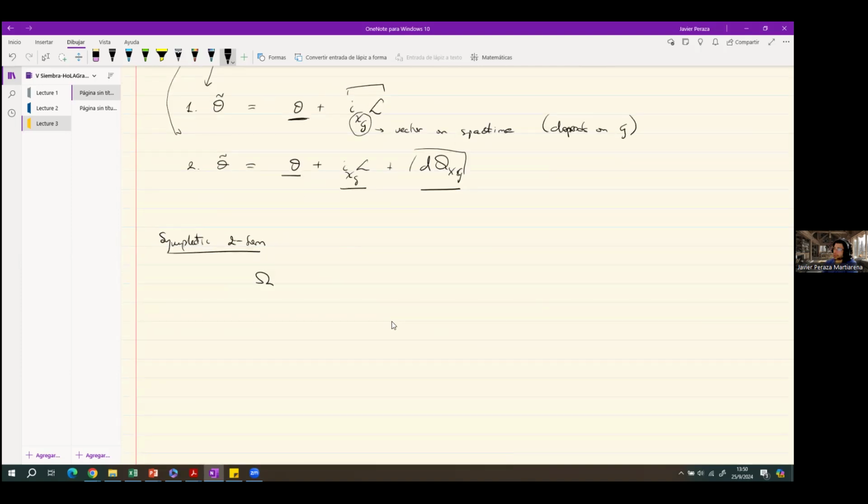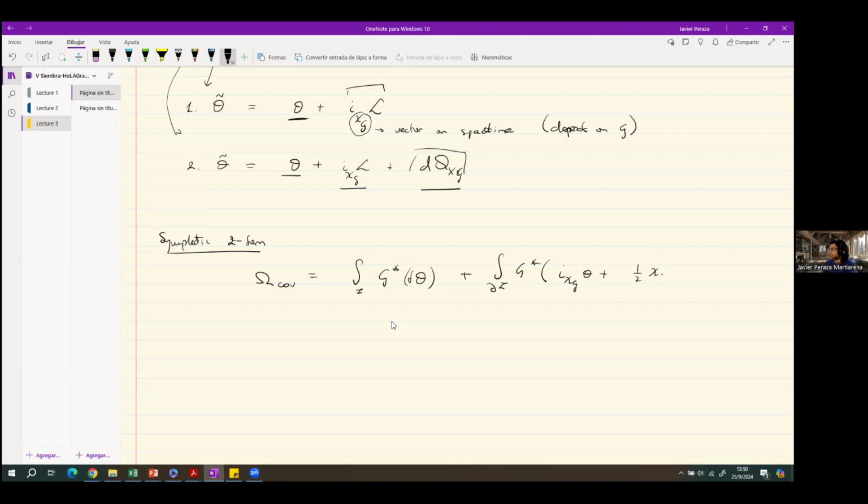So if we compute the exterior derivative of this expression, which is a nasty expression, it will be the following. We have the integral on some surface, then the pullback of this map with the exterior derivative of theta, plus on the boundary the pullback of the following. So here we will have some extra things.